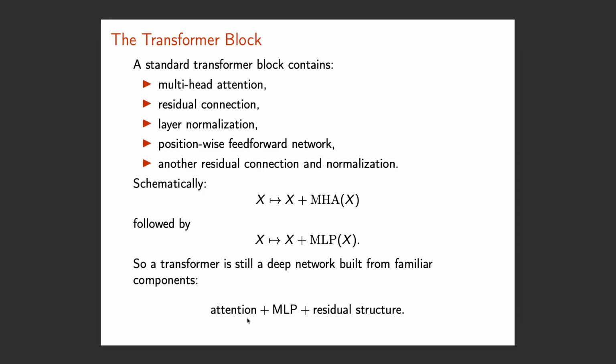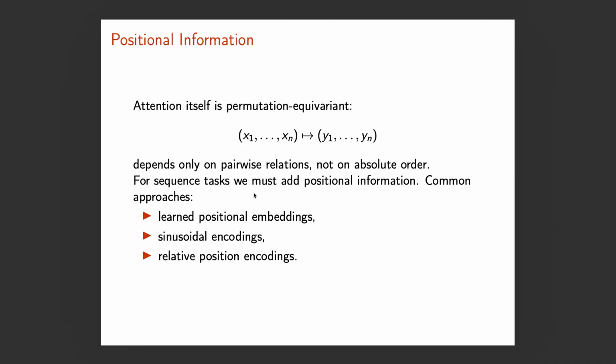It has the attention part, and then the standard feed-forward, plus some residual structure, which we haven't discussed yet. But in essence, at its heart it contains a standard feed-forward neural network. It's permutation equivariant and depends only on pairwise relations, not on absolute order.